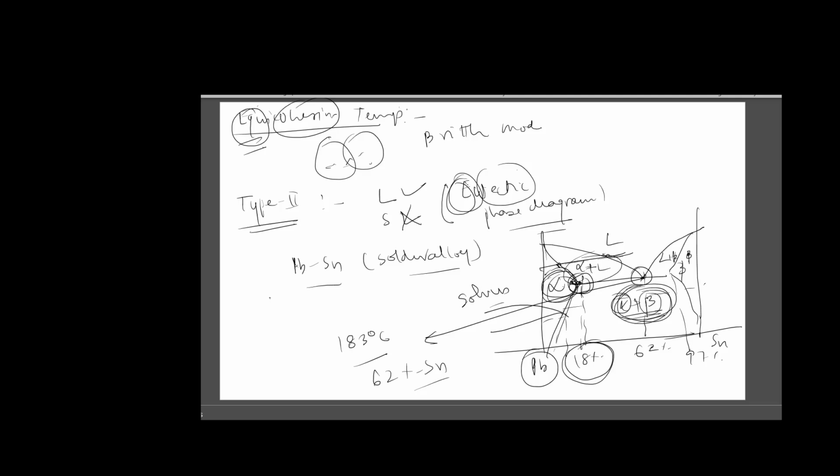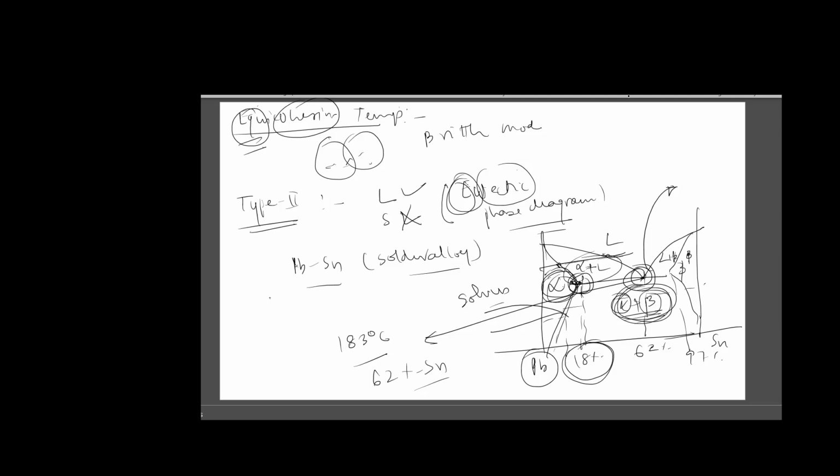In a phase diagram where there is partial solid solubility, there appears a point at which there is no mushy zone, and upon cooling liquid converts into two different solids. This point is called the eutectic point. So this is the definition of the eutectic point. What does it say?